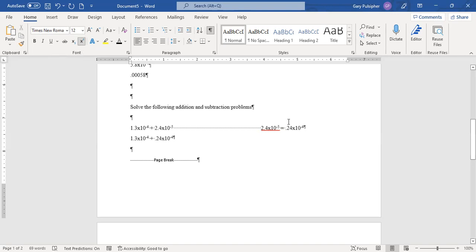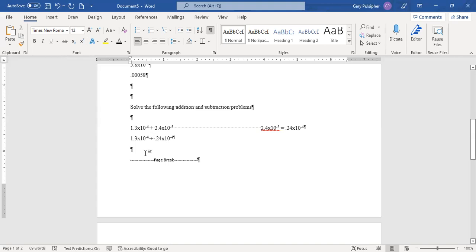That's why you can do this. They're equal, so 2.4 divided by 100,000 is equal to 0.24 divided by 10,000, right? So what you're doing when you're making these is if this number gets bigger, this number has to get smaller. If it went the other way, if this number gets smaller, this number has to get bigger. So then all you have to do is do the math with the first part.